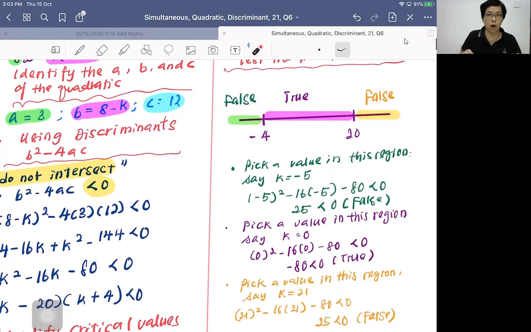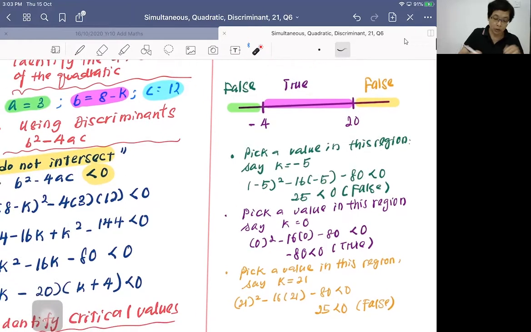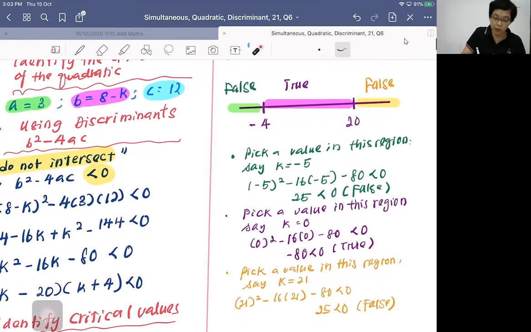Now your job is to find out which region fits the condition, which is do not intersect. So what you do is pick any value in the respective region. For example, I started off with the region less than -4, so you can pick any value. Then from there, fit that into your calculator like this.